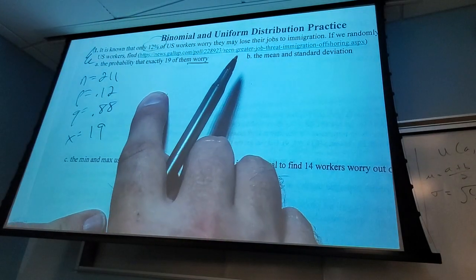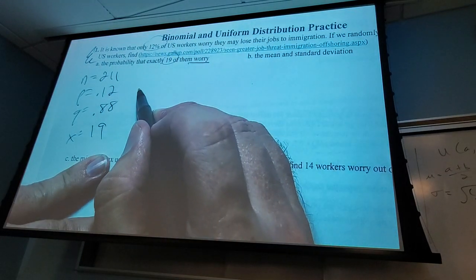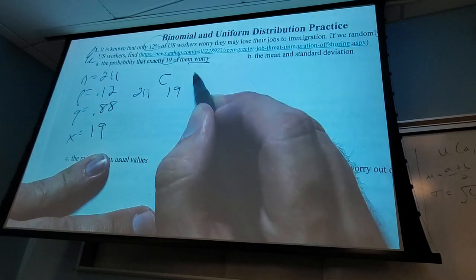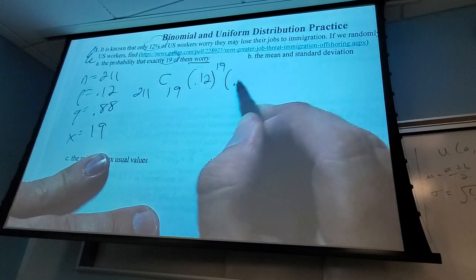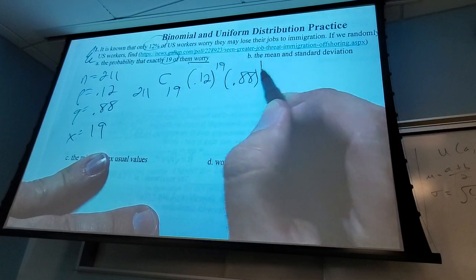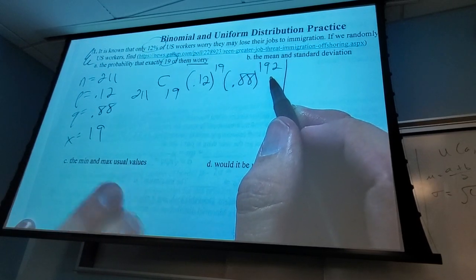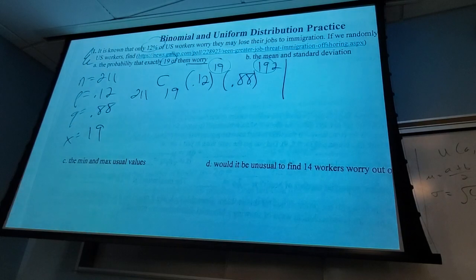Now, how do I set up the formula for exactly 19? I've got 211 people, I want to choose 19 of them. So how many successes do I have? 19. How many failures do I have? 192. Where did the 192 come from? 211 minus 19, because the exponents always have to add up to the total, because you're just breaking the total into two groups.